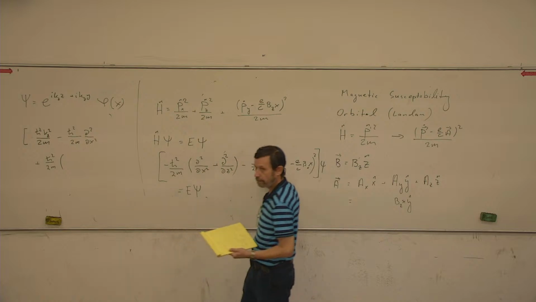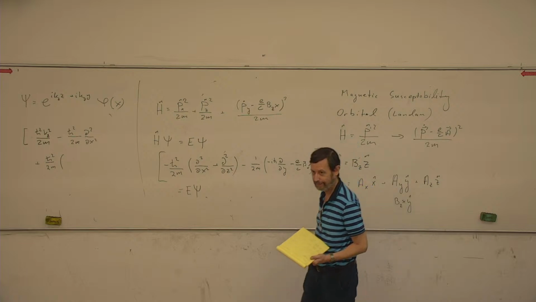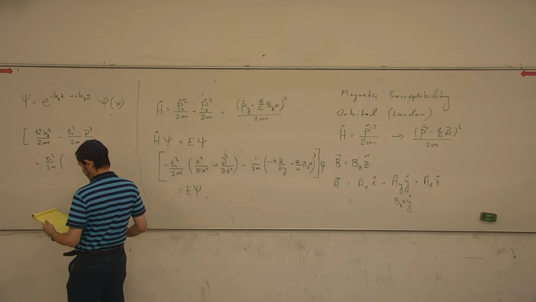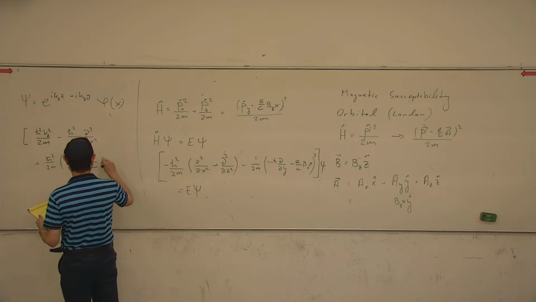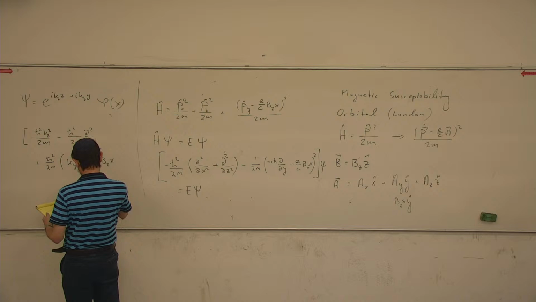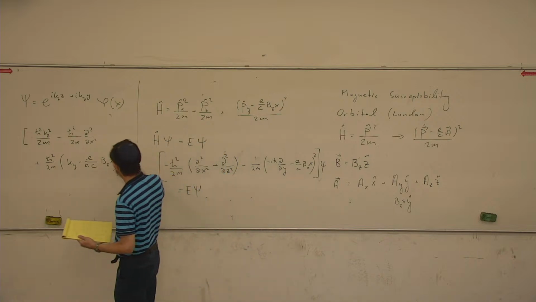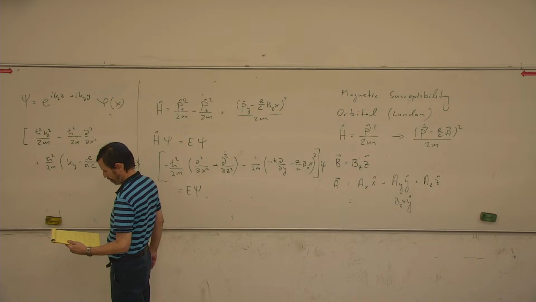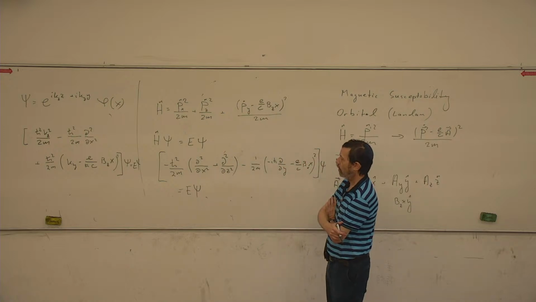Here the dependence on y will pull me down a minus k_y squared. Okay, so we have this equation to solve.